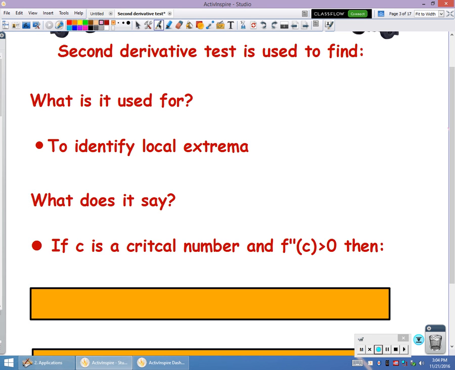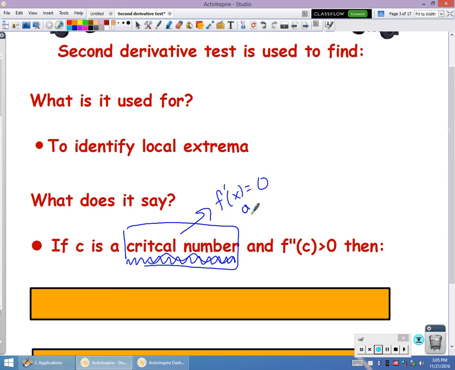So clearly, just like always, when we're trying to locate local or relative extrema, we first have to identify the critical number. And to identify critical numbers is where the first derivative is 0 or undefined. So just like before, we must establish a critical number.